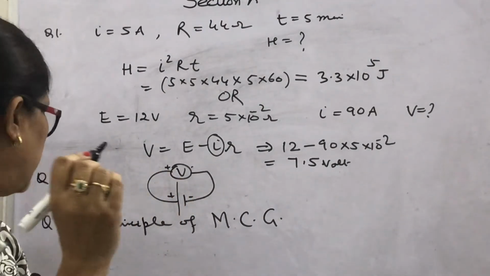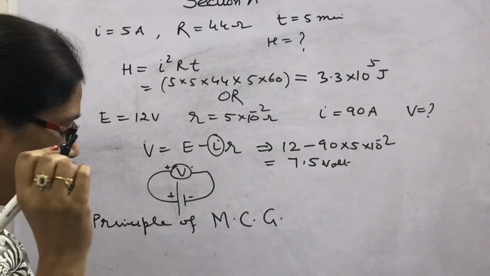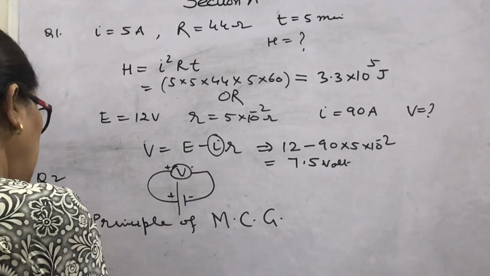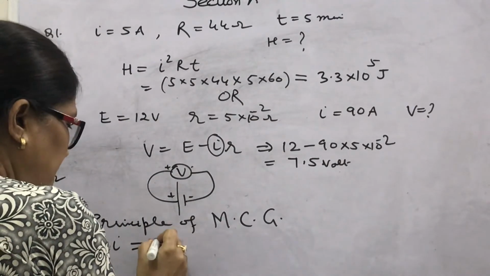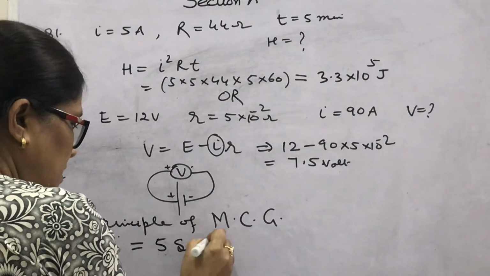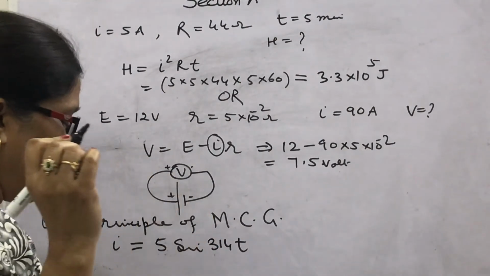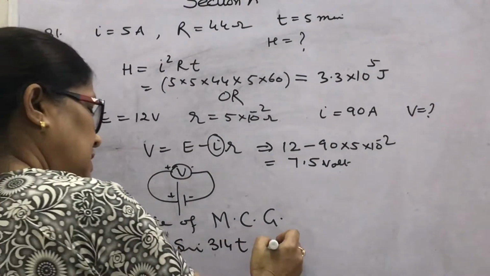Next question, the fourth question. The instantaneous current from an AC source is given as I equal to 5 sine 314t. What is the RMS current? You know, AC current.